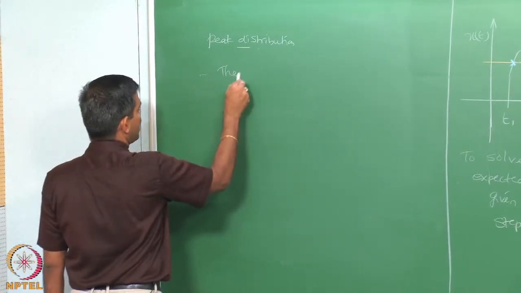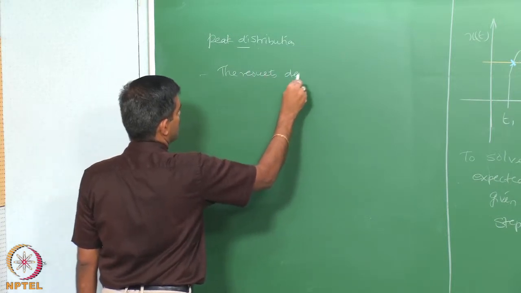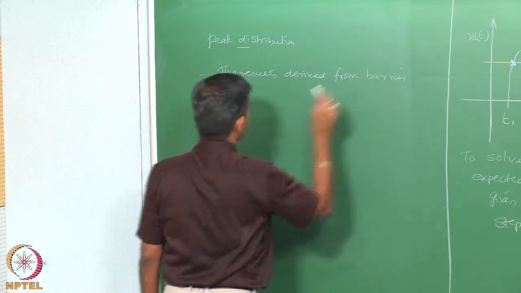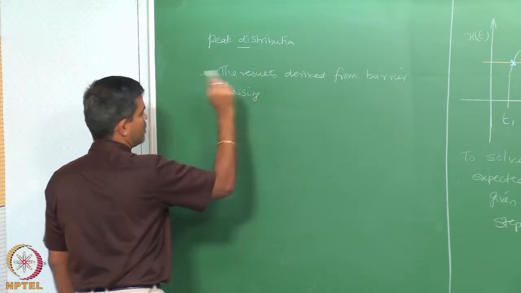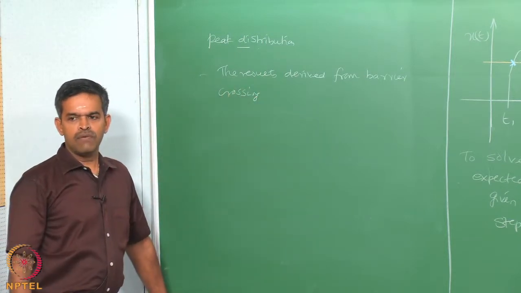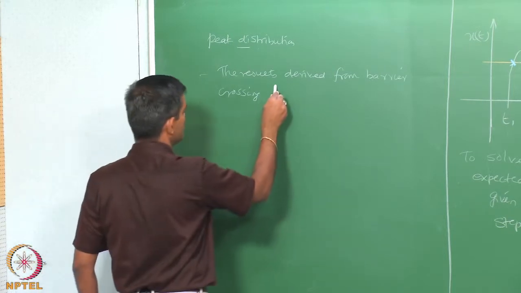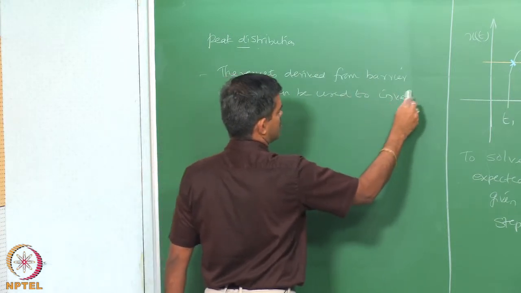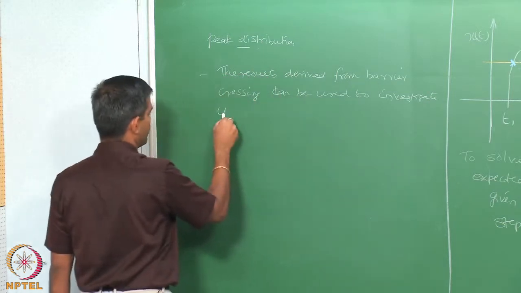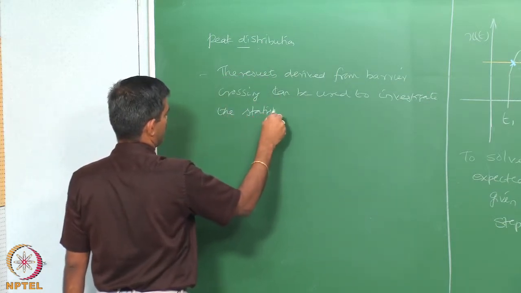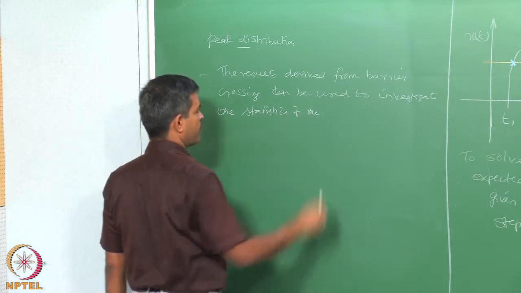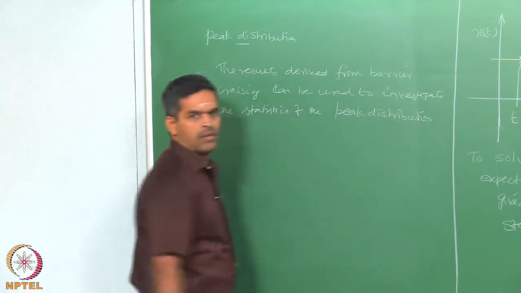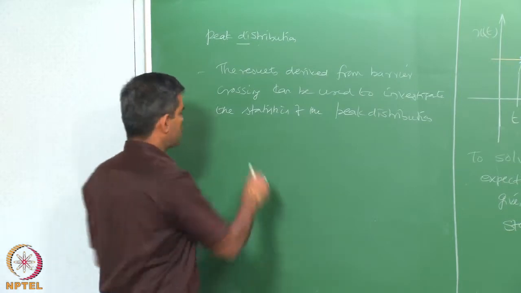The results derived from barrier crossing can be used to investigate the statistics of the peak distribution of the stochastic process.